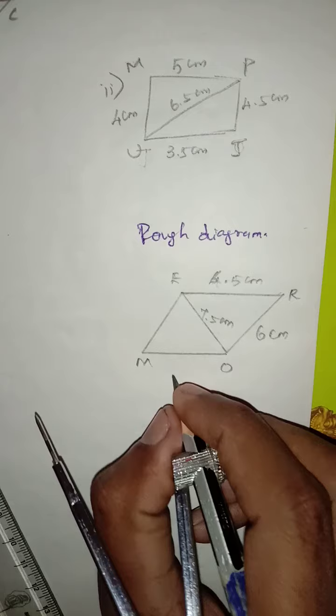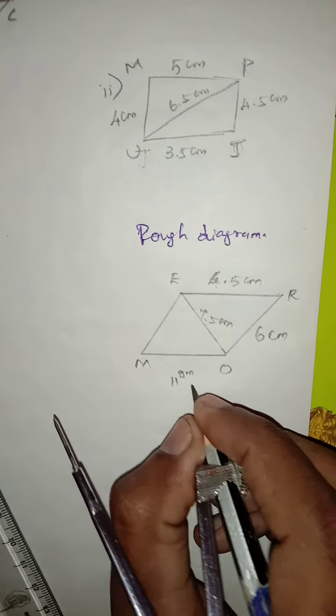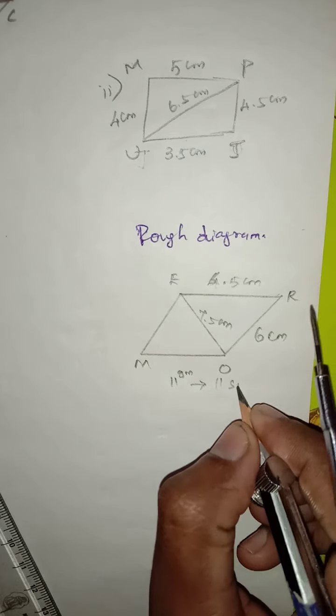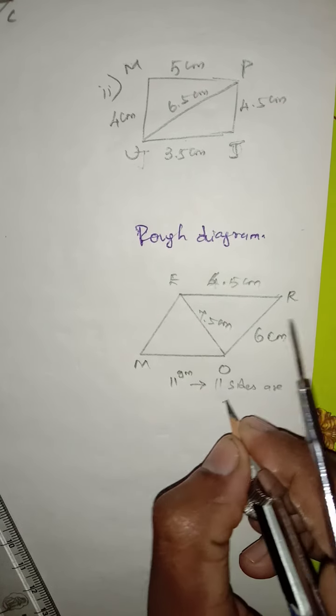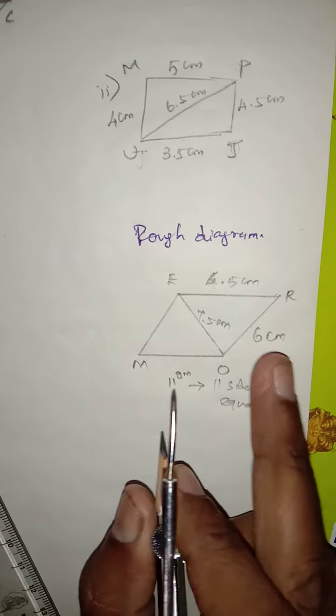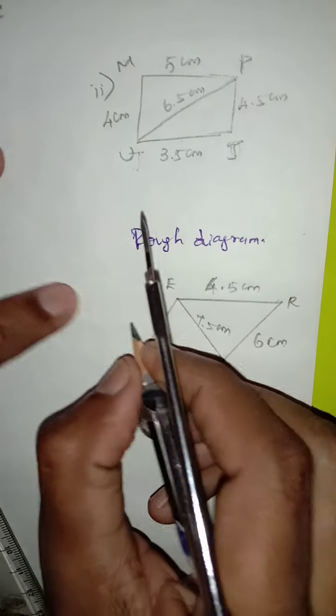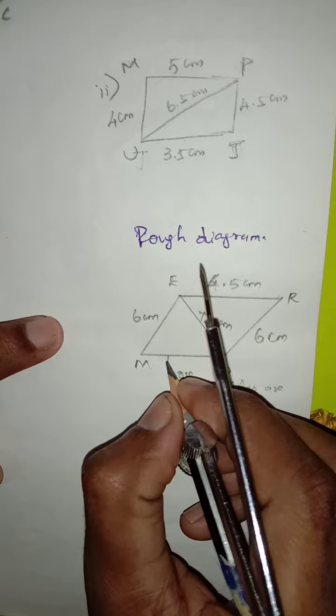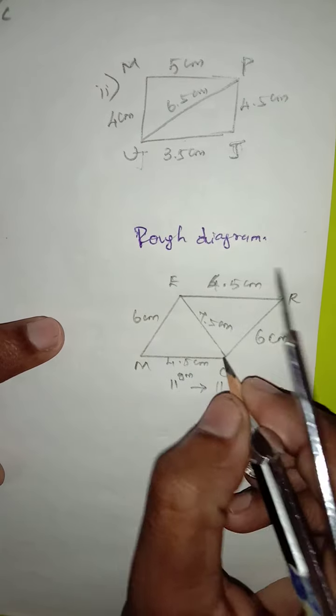Since it is a parallelogram, all the parallel sides are equal. So if this is 6 centimeter, this also is definitely 6 centimeter. If this is 4.5, this is also 4.5, and we got one diagonal.